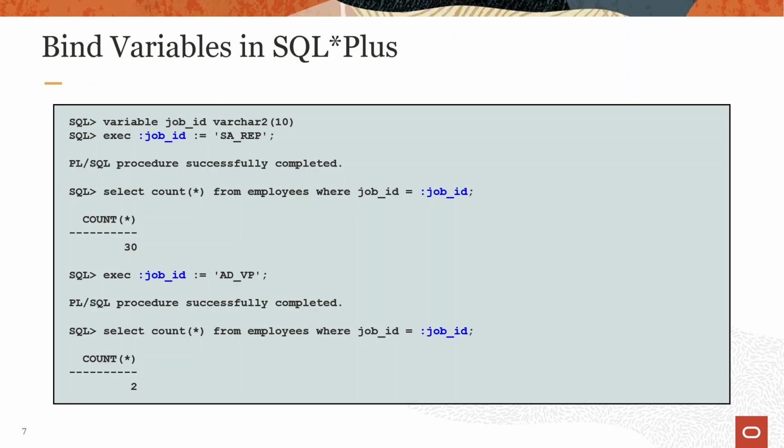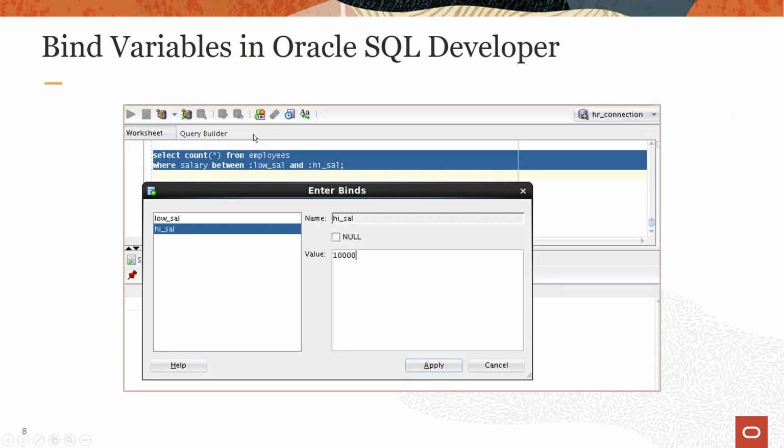Now, bind variables are session variables, host variables. This is how you allocate and assign values to bind variables in SQL Plus. But you can also specify bind variables in Oracle SQL Developer. The only thing you need to do is type your select statement in your worksheet, with bind variable names of your own choice.